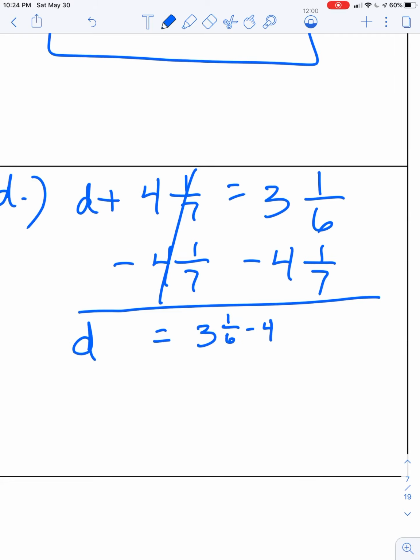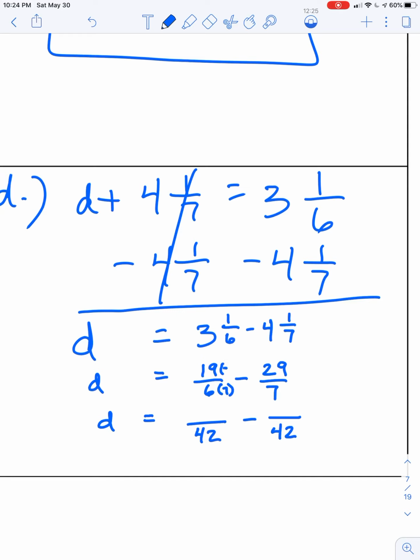3 1/6 minus 4 1/7. First thing I'm going to do is make these into improper fractions. So I would have 19/6 minus 29/7. And then I want to change these to the same denominator, which is going to be 42. I multiply by 7 here.